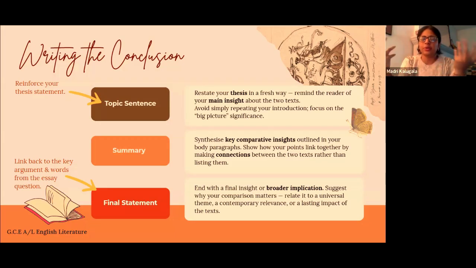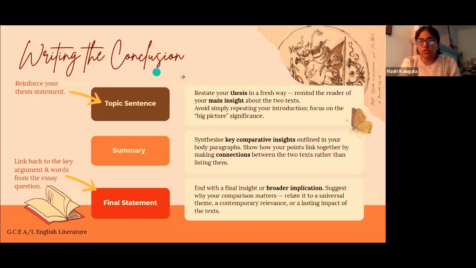If you can do it, try to do it, because it will automatically engage your reader more with what you're writing. Apart from the introduction, in each body paragraph and in the conclusion, there's a topic sentence, which is the key sentence that restates the main point you're trying to make.